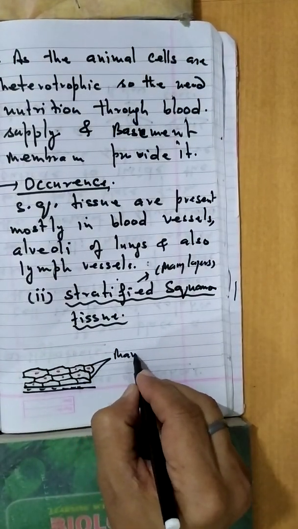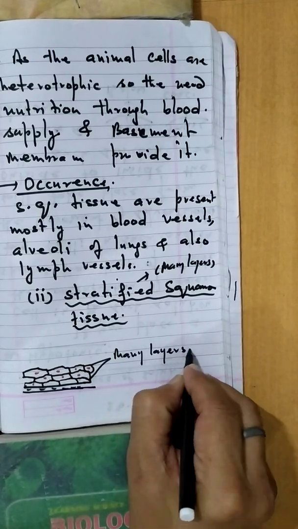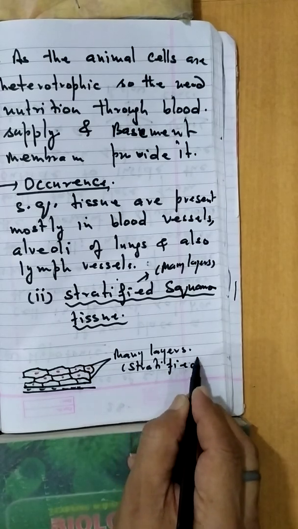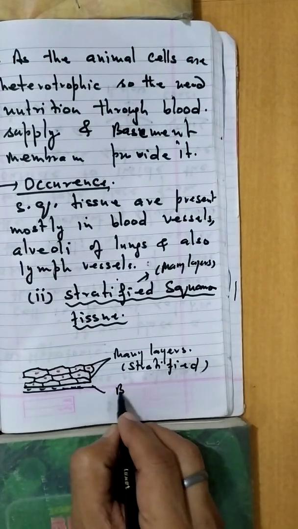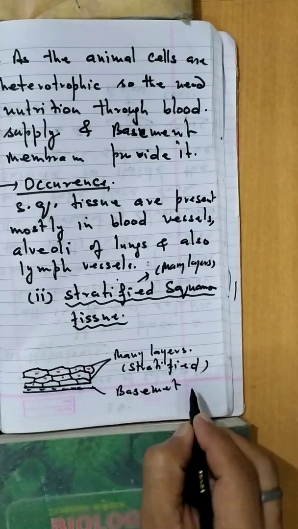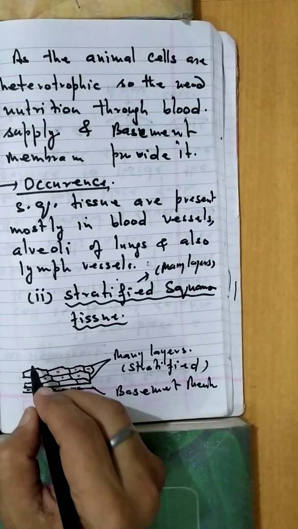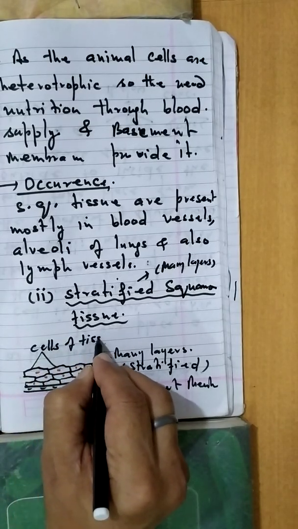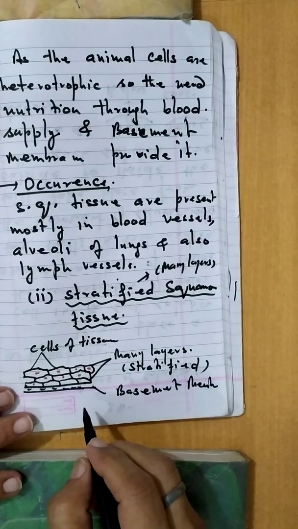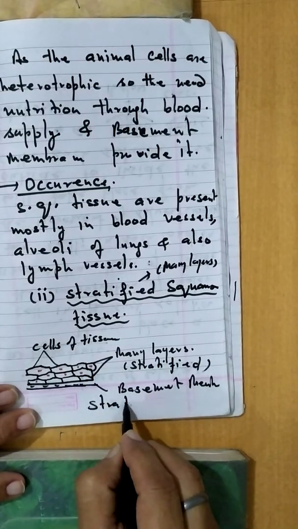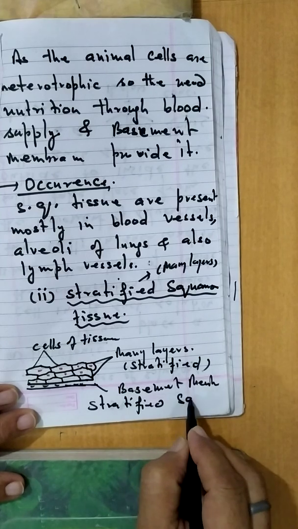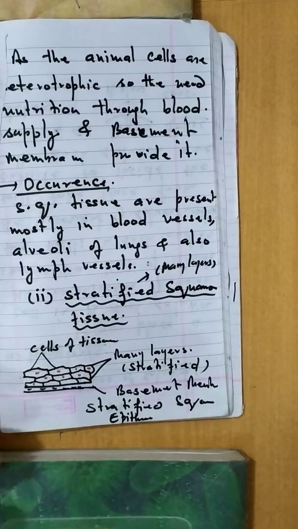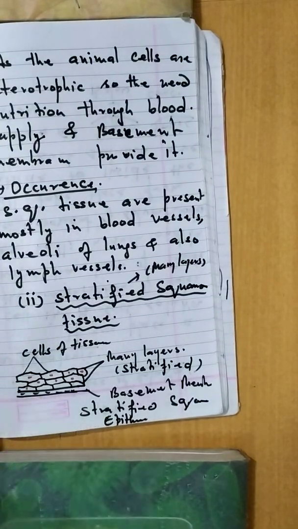Many layers, which is known as stratified. This is the basement membrane. This is the cells of the tissue, and the whole tissue is known as stratified squamous epithelium. Is it clear to all of you? Okay.